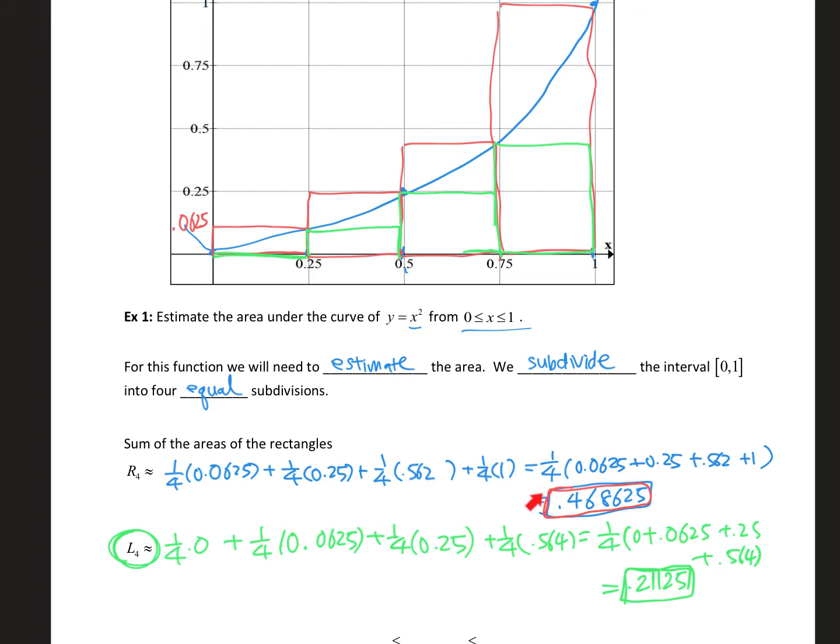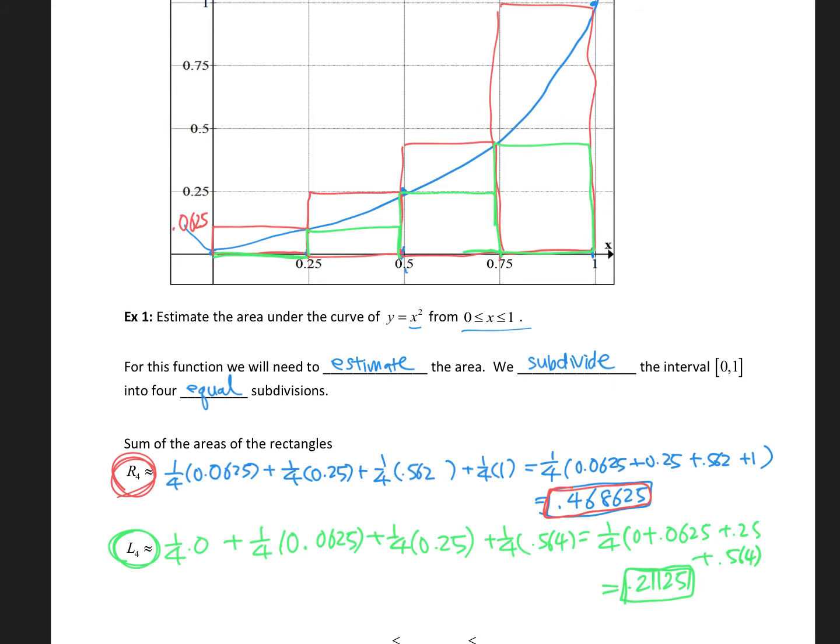So this is my right R4. 4 means I'm using 4 subintervals, and I'm using the right endpoint as the height. That's for the red one, so maybe I should circle it in red here. And then L4, again 4 means I'm using 4 intervals, and I'm using the left endpoint as the height. So I get that and I get this.